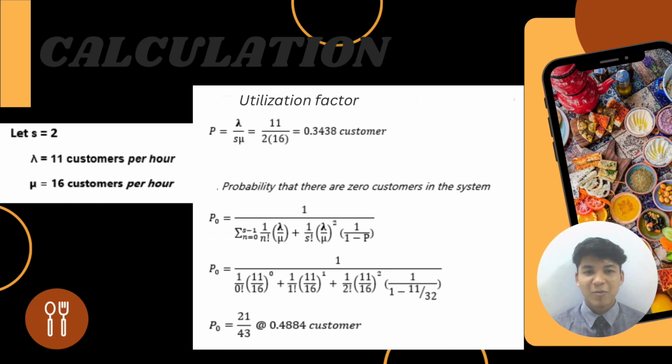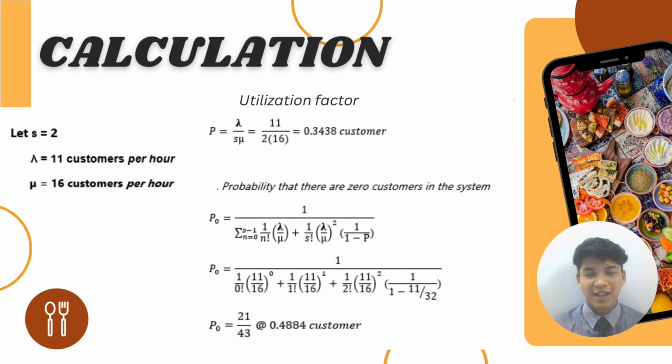Thank you. Assalamualaikum and hi, my name is Muhammad bin Salihan, and we will do the calculation together. So let's assume S equals 2 because we have 2 servers, lambda equals 11 customers per hour, and mu equals 16 customers per hour.